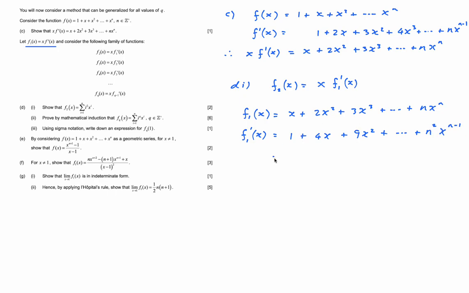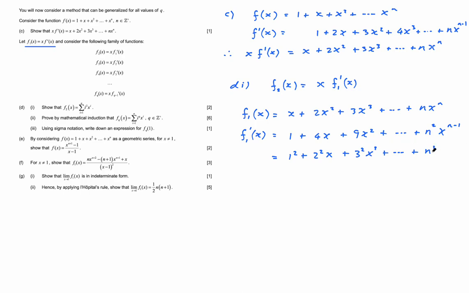Okay, and this, guys, can be written as 1 squared plus 2 squared x plus 3 squared x squared all the way to n squared x to the n minus 1.